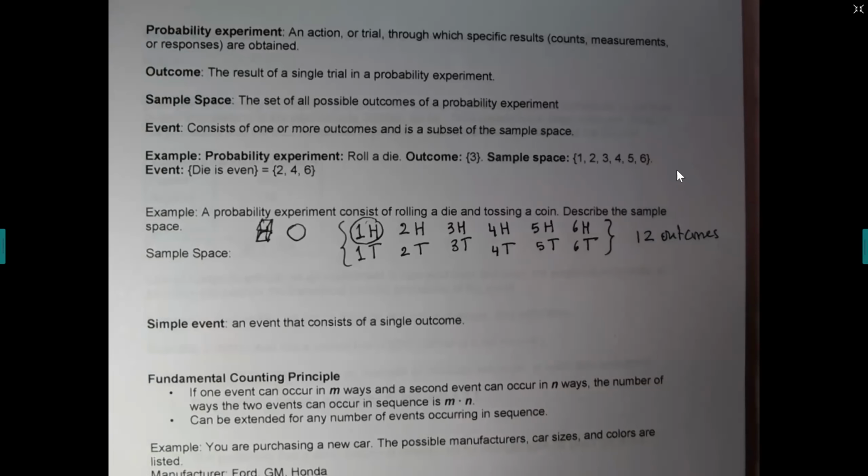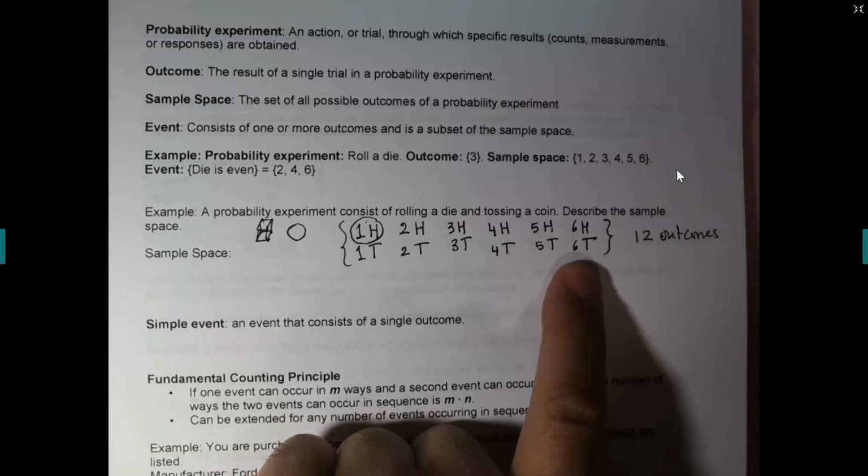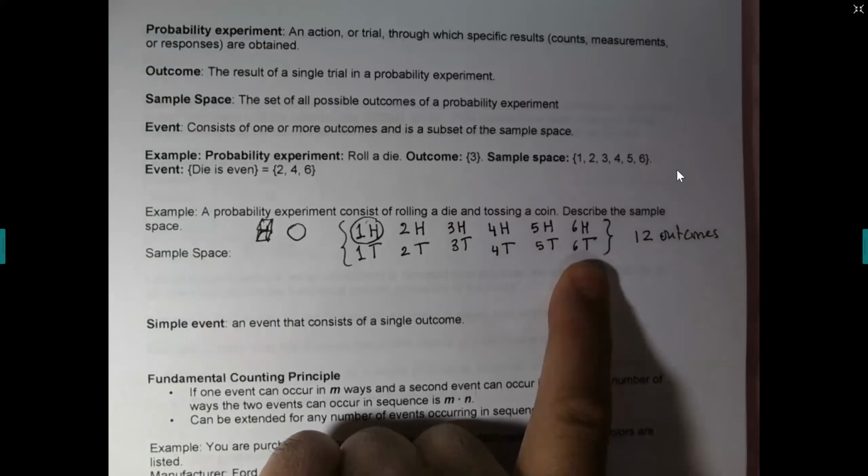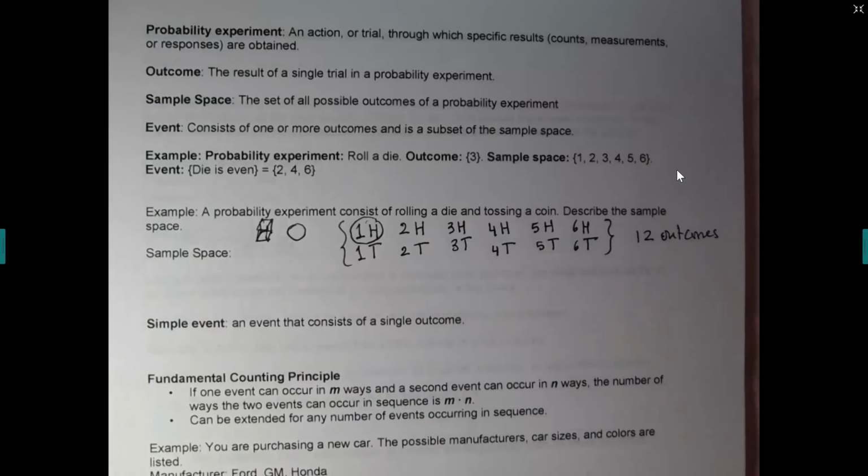You would win if you get a 6 and a tail. Your chance of winning will be only 1 out of 12, because there's just one 6 and a tail out of 12 outcomes.